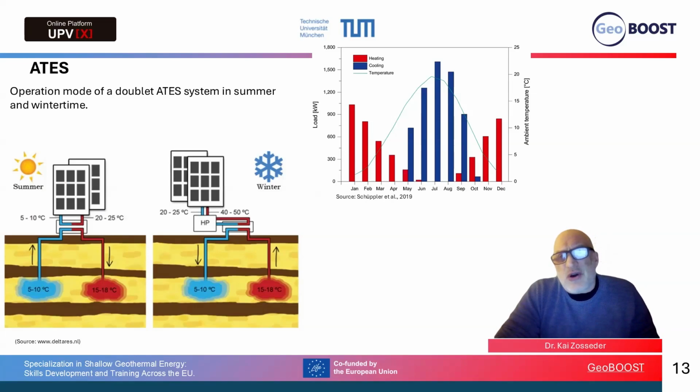And here you see such a load curve needed for the storage. So you normally have in summertime a cooling mode, and in wintertime a heating mode. So you can use the ATES system for cooling and heating, which is very favorable and increases the efficiency.